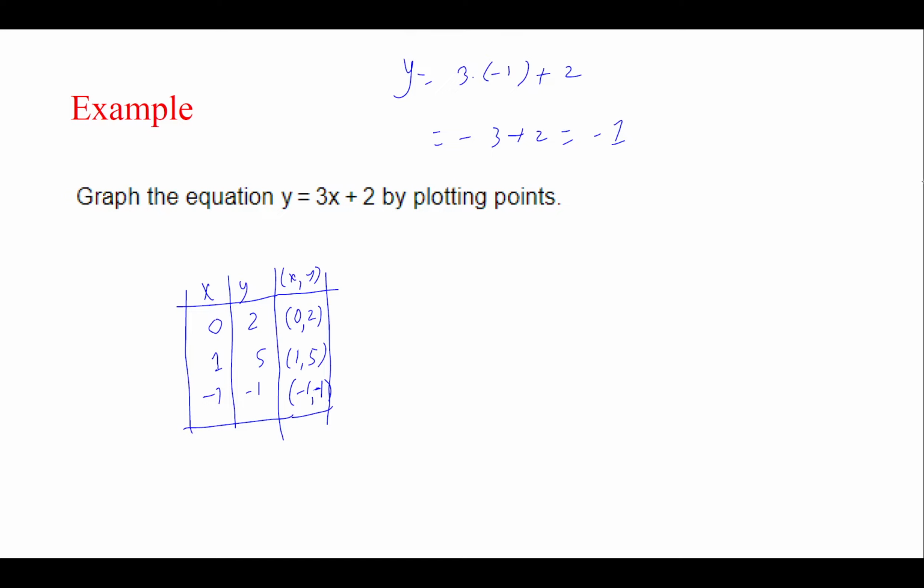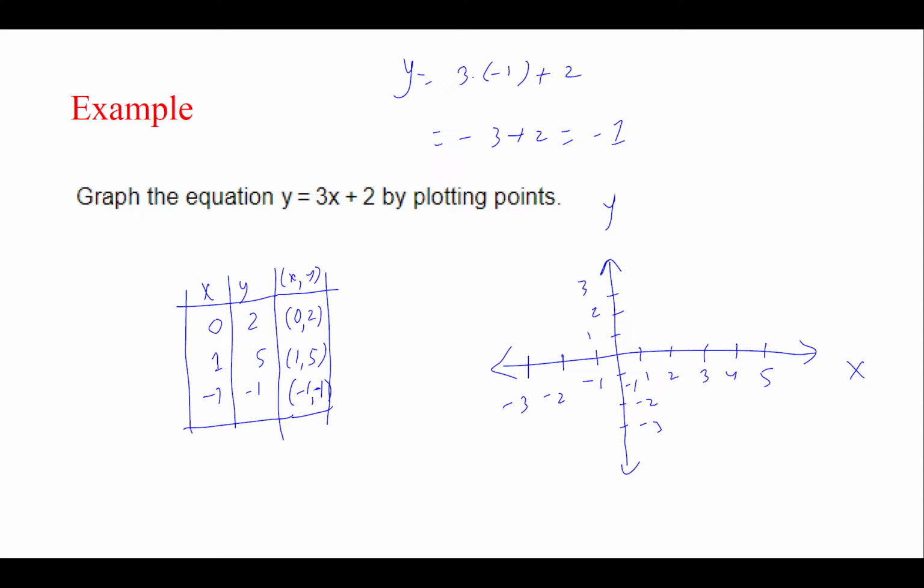So if you try to plot these points, you have to draw a rectangular coordinate system, x-axis and y-axis. As you know, you can draw units 1, 2, 3, 4, 5, positive up, negative down.